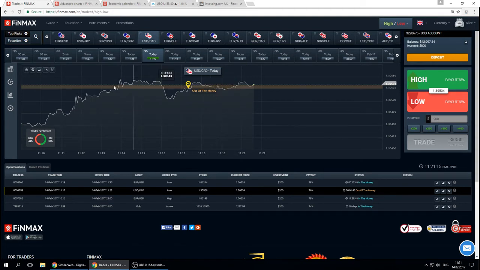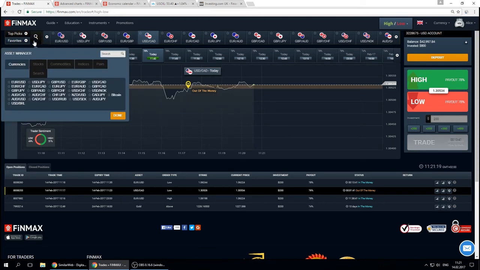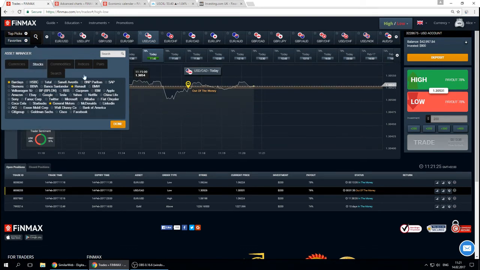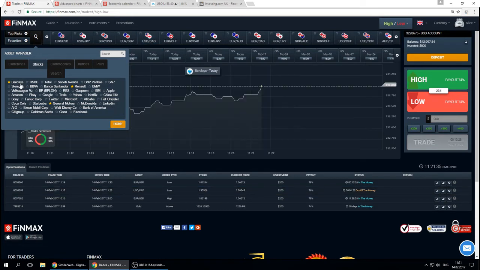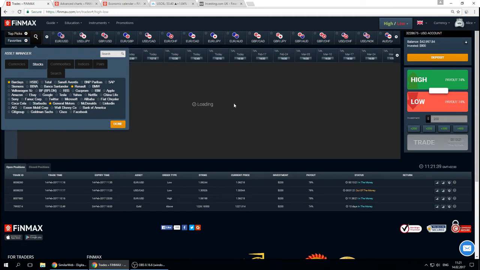There isn't such high volatility for these assets as for currency. Of course, they don't work 24 hours, but still, when you have a suitable situation to open the trade, why not? So you see that we have pretty many stocks among the assets that we have in our company, and to choose them, you see which ones are available right now, where you can trade.